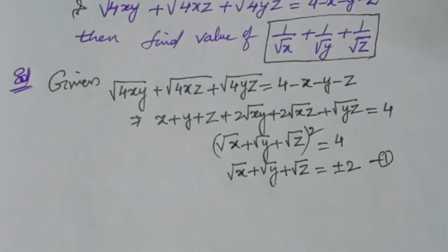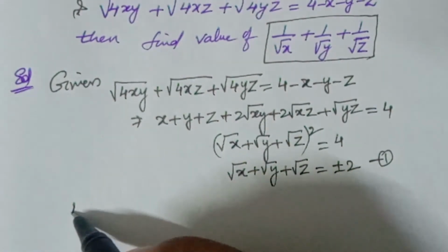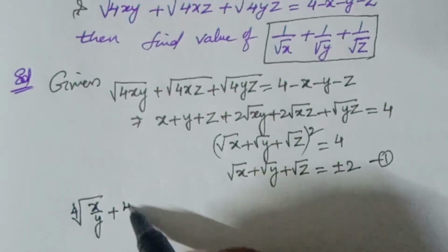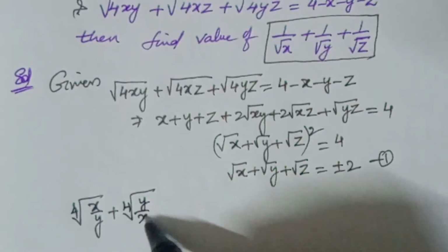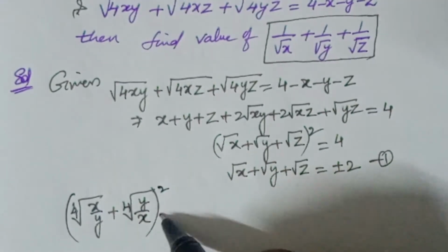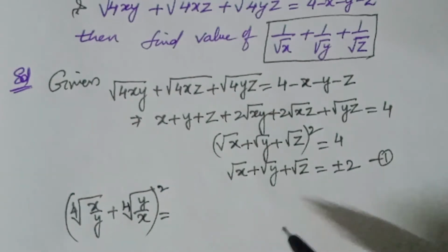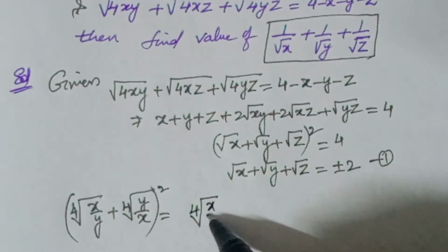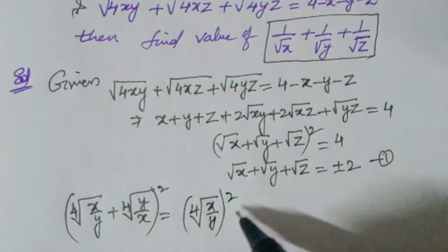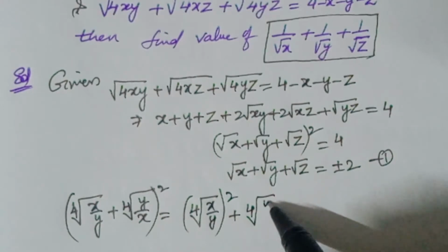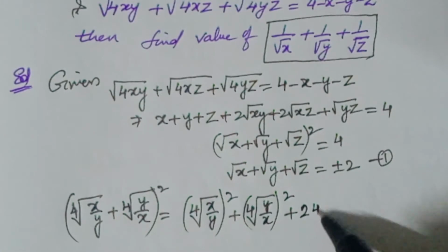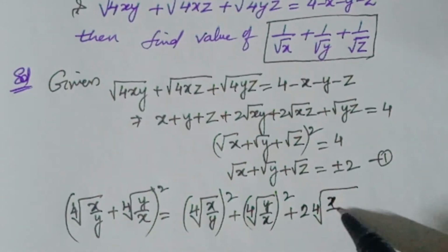Now if you take the second one, first the fourth root of x by y plus the fourth root of y by x whole square. So here what value will we get: the square of the fourth root of x by y, plus the square of the fourth root of y by x, plus 2 into the fourth root of x by y into y by x.